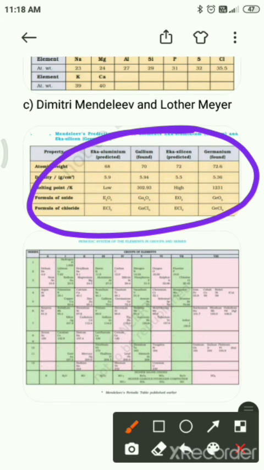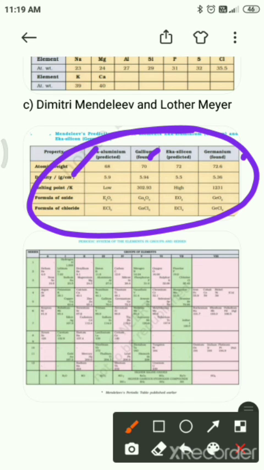Eco-aluminium's predicted atomic weight is 68, and when gallium was found, its atomic weight was 70. In the same way, eco-silicon was predicted at 72, and germanium, when found, has an atomic weight of 72.6. Density, melting point, and the formulas of the oxide and chloride are all very close between predicted and actual values.